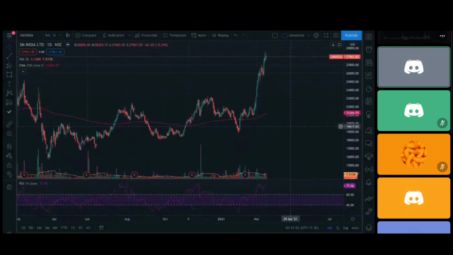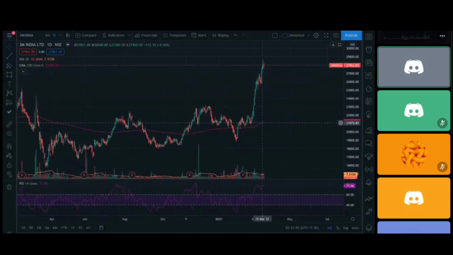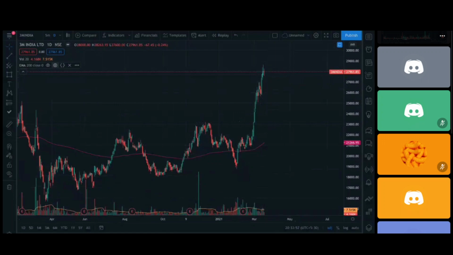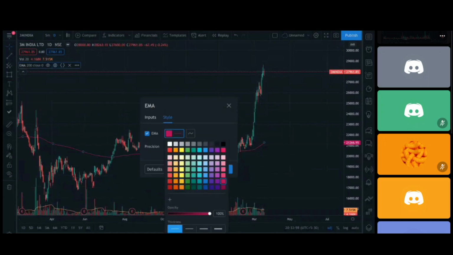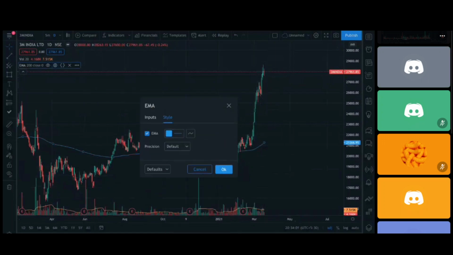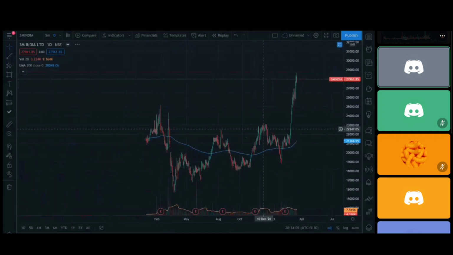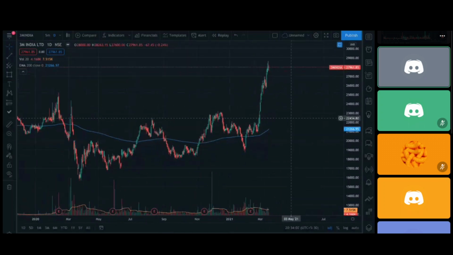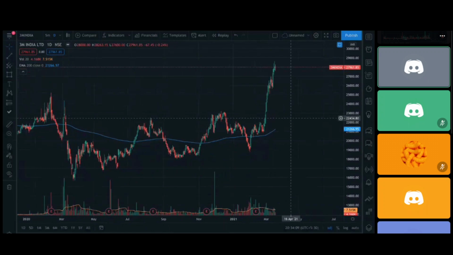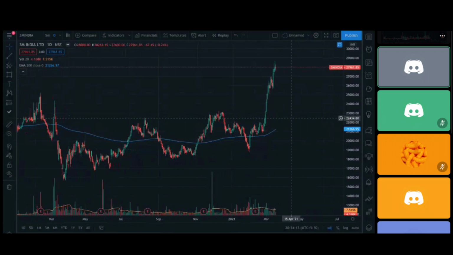So it's a very simple thing with the exponential moving average, with 200, and that's the only thing I use. Whenever a stock touches the 200-day moving average, it's super important.